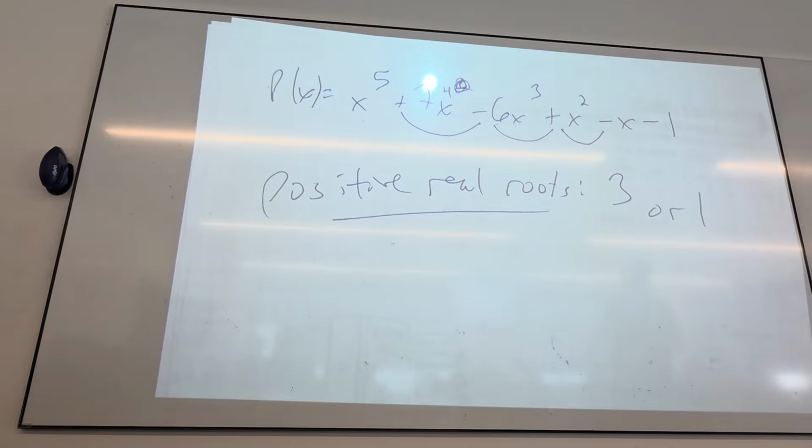I need you to be with me on this. If there are 7 possible real roots, and if they're not real, they must be complex. So either all 7 are real, or 2 are complex, so 5 are real, or 2 more are complex, so 3 are real, or 2 more are complex, so 1 is real.